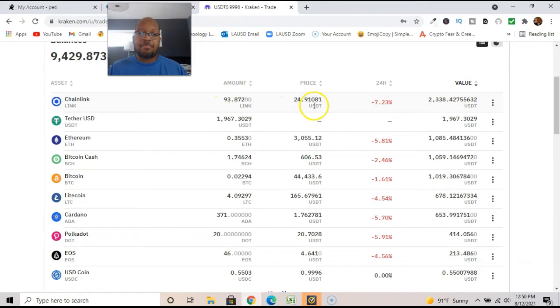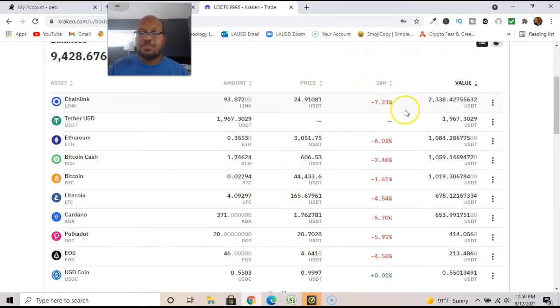Okay, so that's what price is. Ethereum right now is $3,055.12 per one Ethereum. Bitcoin Cash is $606.53 per one Bitcoin Cash. Bitcoin is $44,433.60 for one Bitcoin. So that's what the price represents.